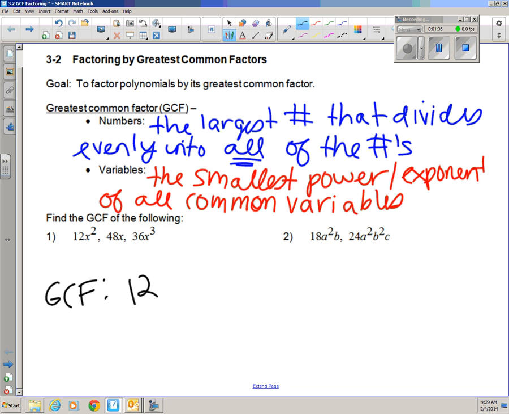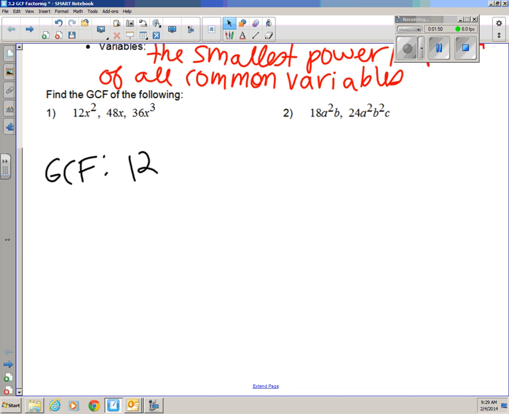Basically, your GCF, as you're looking for it, has to be not any bigger than your smallest number. Hopefully that makes sense. In terms of your variables, I'm looking for the smallest power of the variables. And I have an x squared, an x, and an x cubed. So my smallest power would be my x to the first, which means the GCF would be 12x.